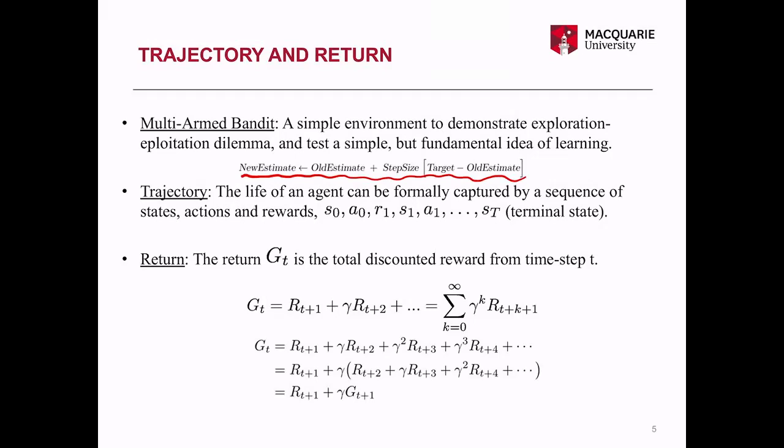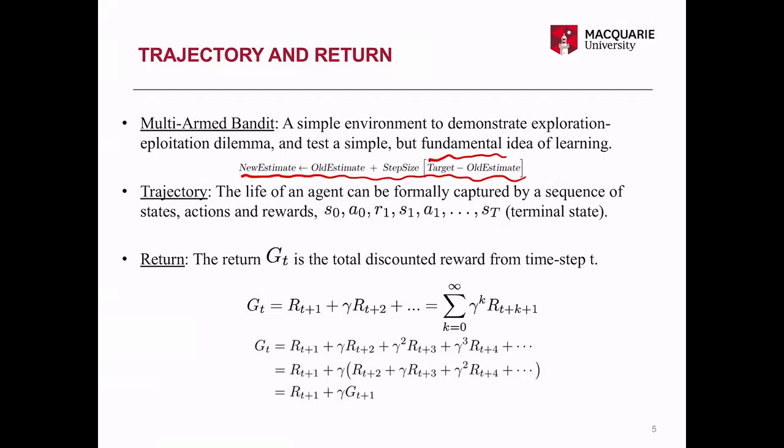We make some observations and we calculate some measure, a loss function, a difference, a distance, and then we have a step size, and we update our old estimate to get a new estimate, and we continue this iteratively until we converge to an optimal policy.